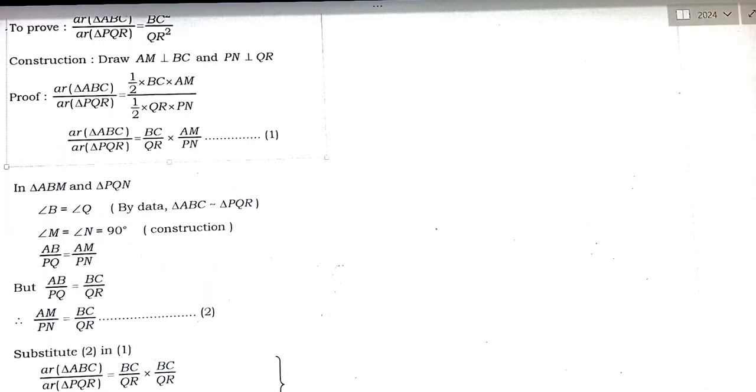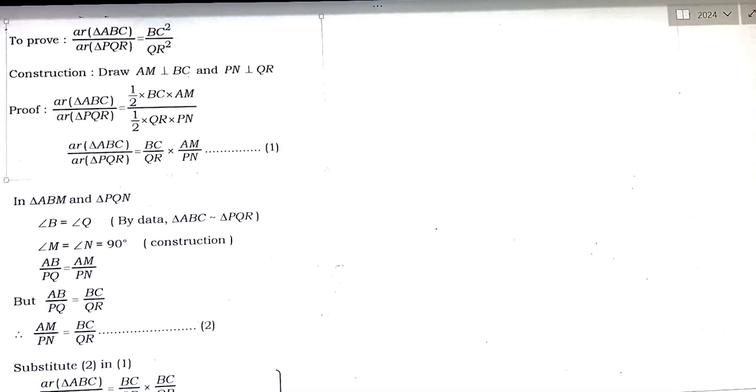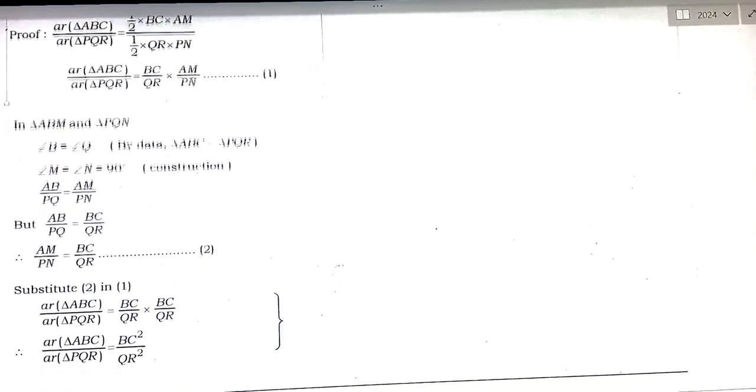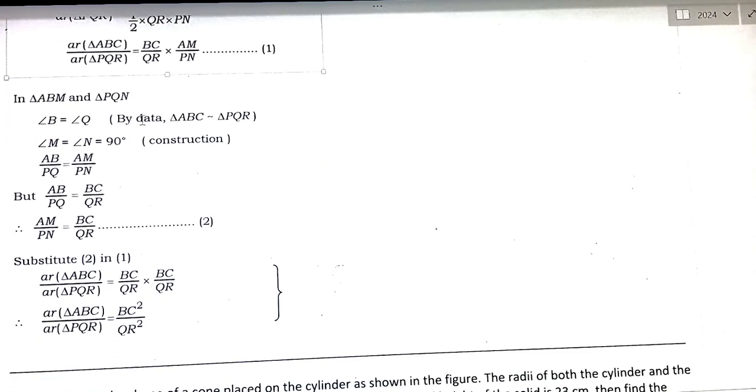So now we know that AB by PQ is equal to AM by PN. But we also know that AB by PQ is equal to BC by QR. So in place of AB by PQ, we replace it with BC by QR. So it will become AM by PN is equal to BC by QR.